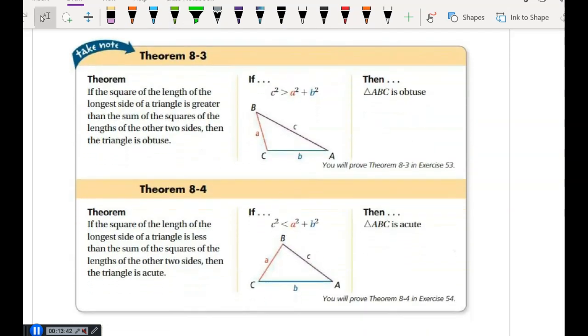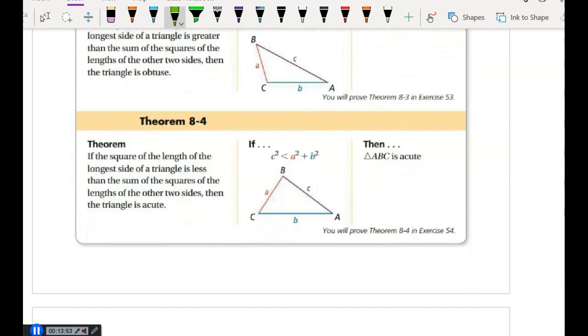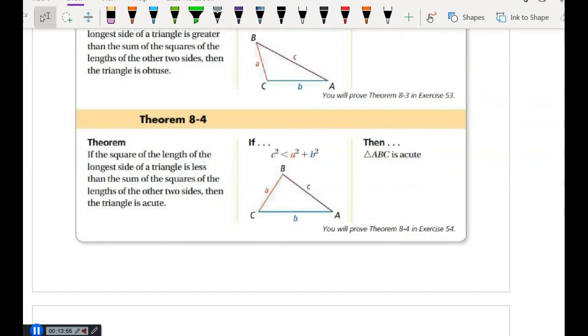If c squared is greater than a squared plus b squared, then we know that we have an obtuse triangle. And if c squared is less than a squared plus b squared, then we know we have an acute triangle.